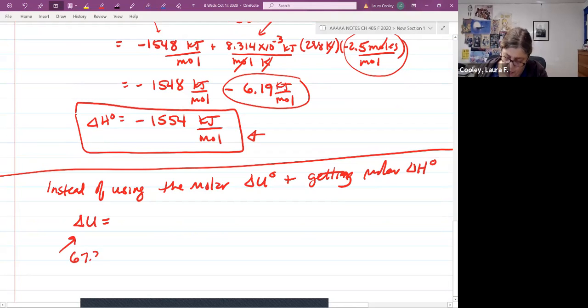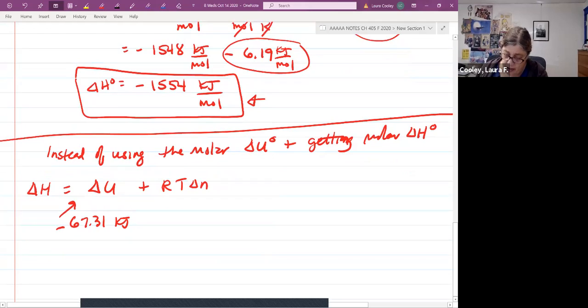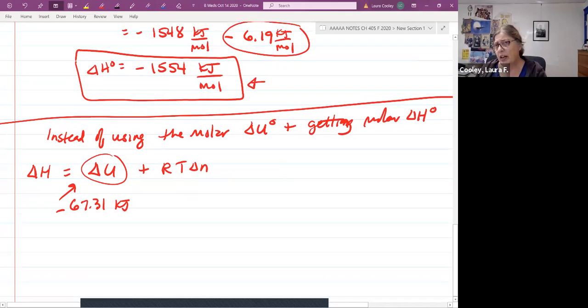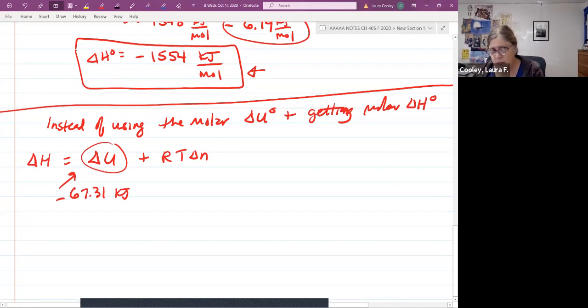You start with the 67.31 kilojoules. It's the same overall equation, but now we're using the quantity before we divided by the number of moles.